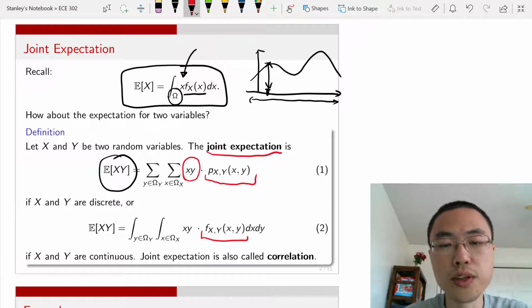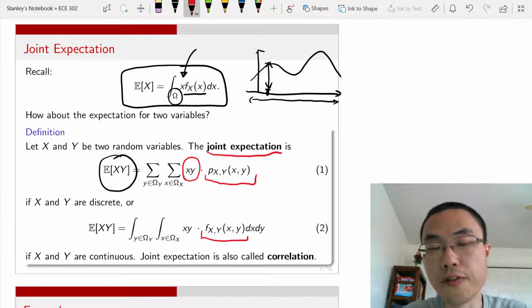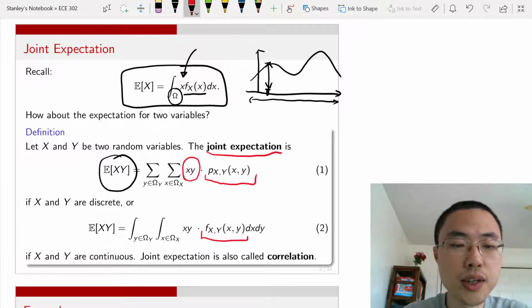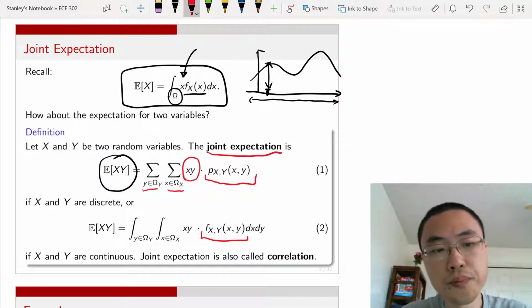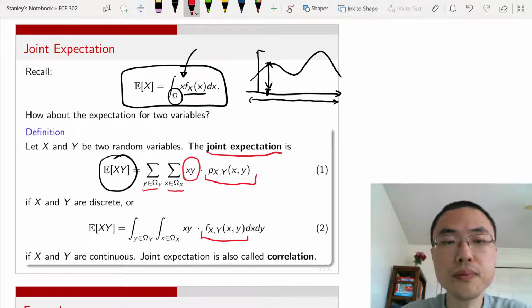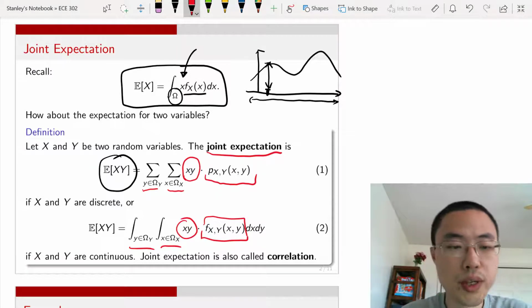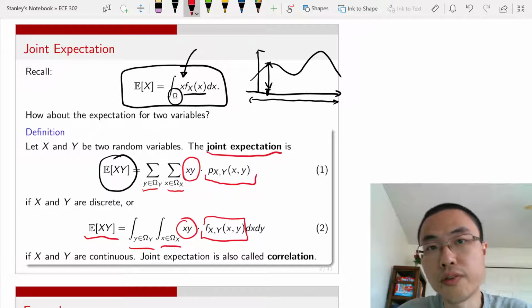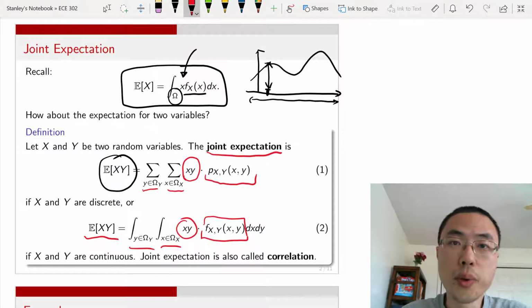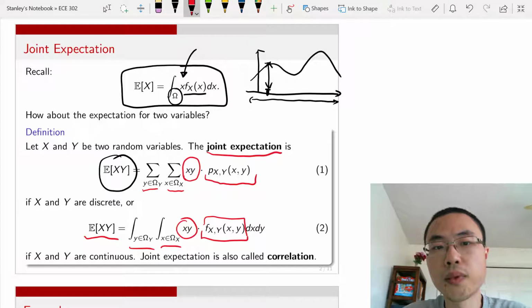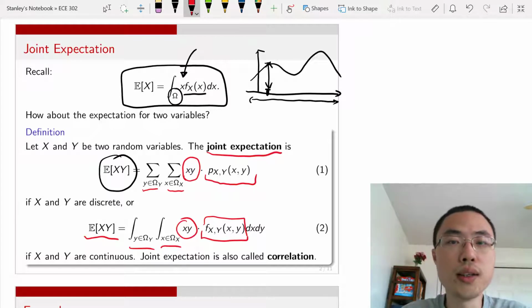And then you multiply that with the joint PMF, and sum over all the possible states of x and y. You will get the expectation. In the continuous case, you multiply x and y with the joint PDF, and then you integrate over x and integrate over y. You'll get the expectation of X times Y for a pair of continuous random variables.